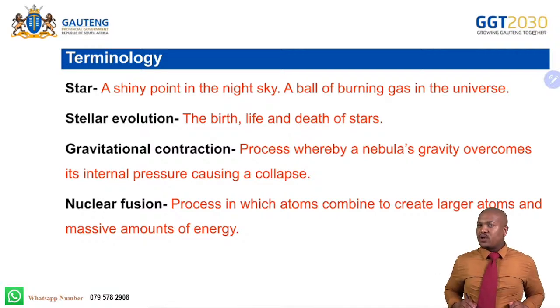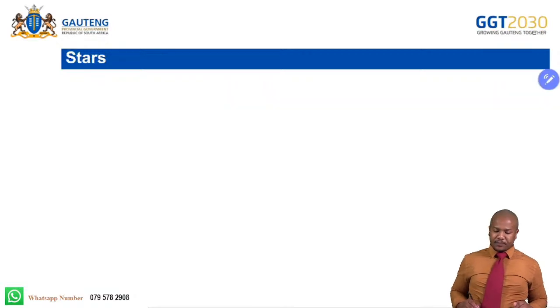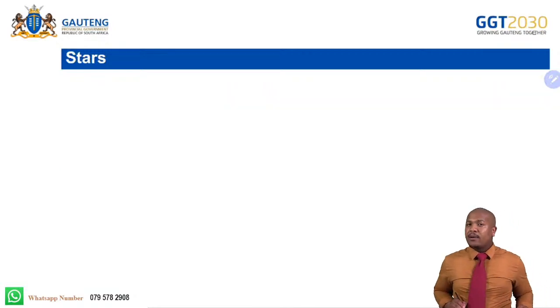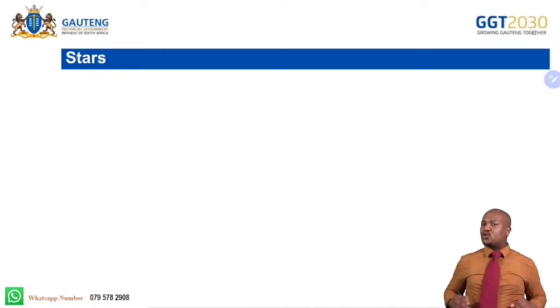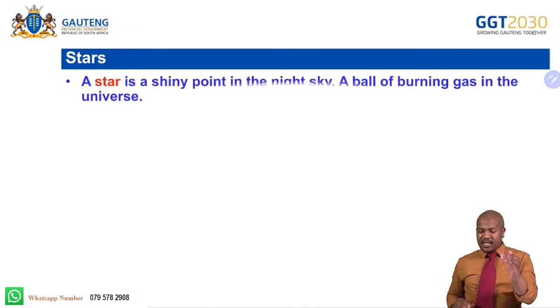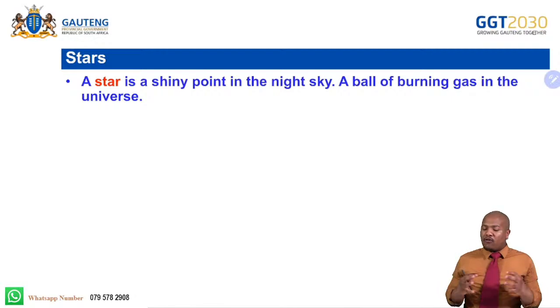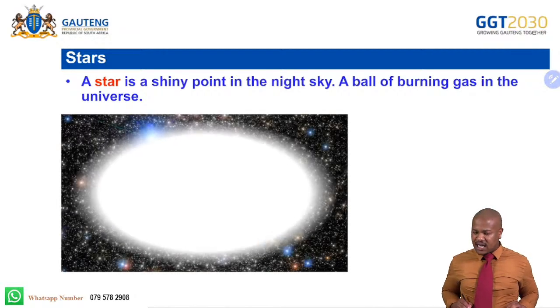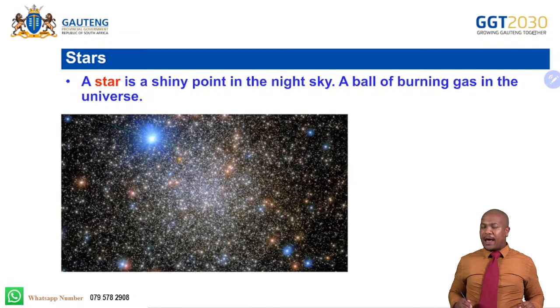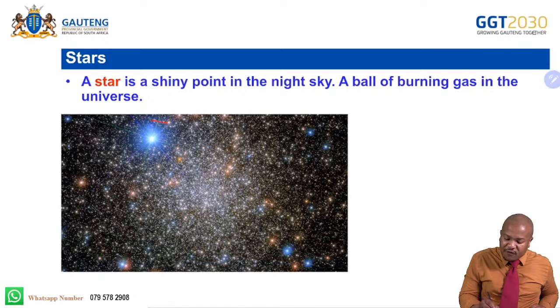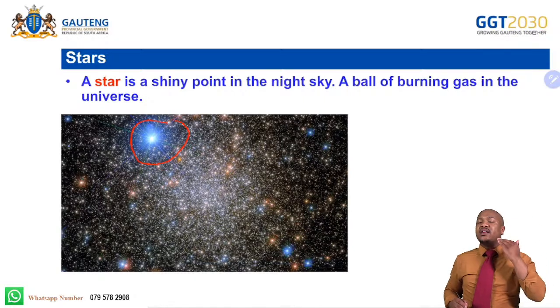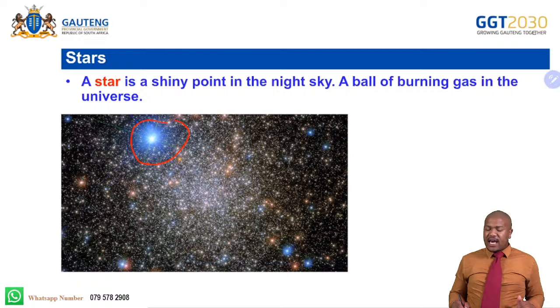Are we together, grade 9s? Now moving on, stars. We're talking about the birth of a star today. But first of all, as we said, a star is a shiny point in the night sky and is also a ball of burning gas in the universe. So now looking at this picture here, we are able to identify this shiny point in the night sky, which is a star.